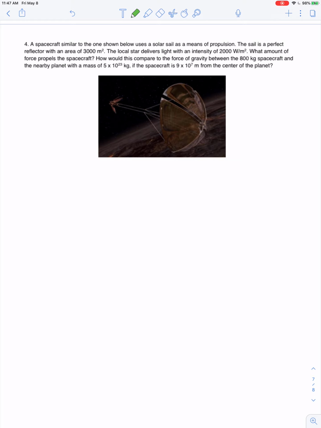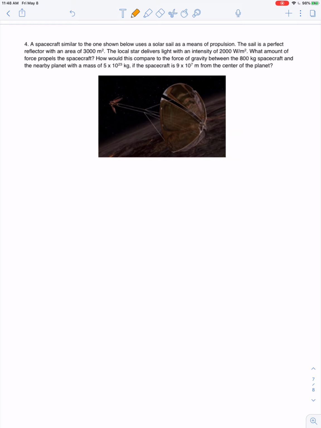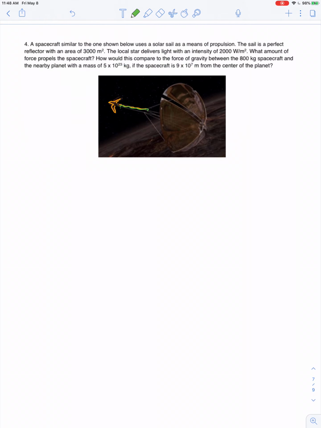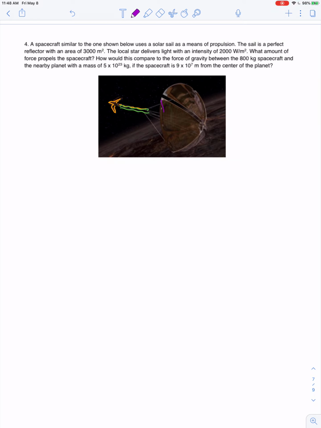A spacecraft similar to the one shown below, I don't know how well you can see this. So there's the spacecraft, and there are some tethers connecting to a giant solar sail. So some big surface area that is exposed to the intensity of light, and because of the radiation pressure, there's a force exerted on that sail that can propel the spacecraft.